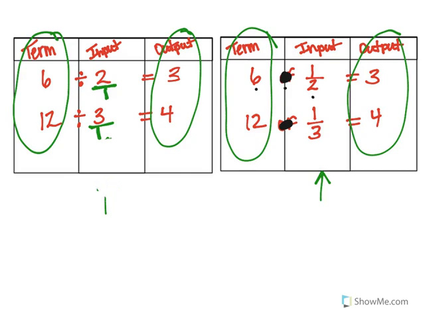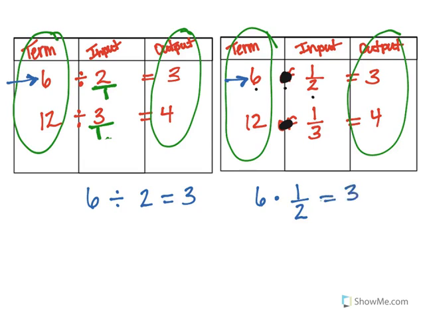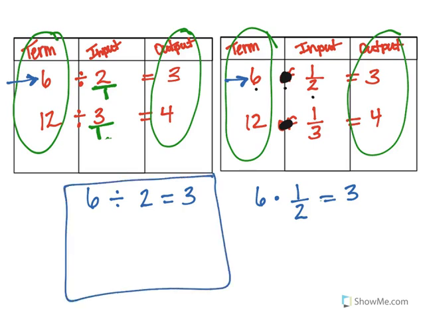So now I'm going to use the same numbers, and I'm going to use them as fractions. Hopefully you see what I'm trying to get to. All right, let's focus here. What I did was I did 6 divided by 2 equals 3. That was the original problem. And on the right table, I did 6 times 1/2 equals 3. All right, so when you're dividing fractions, you're always going to keep the first number, just like we did here.